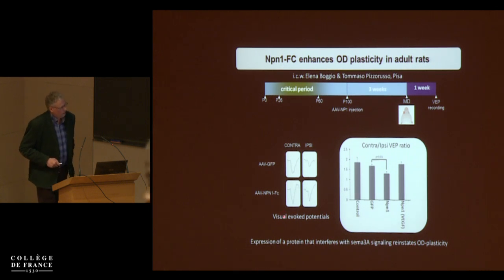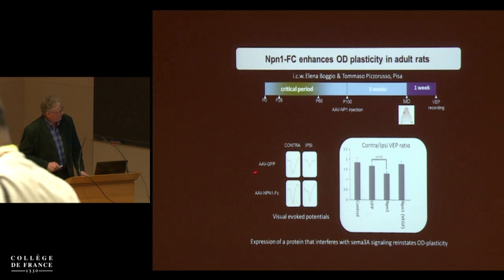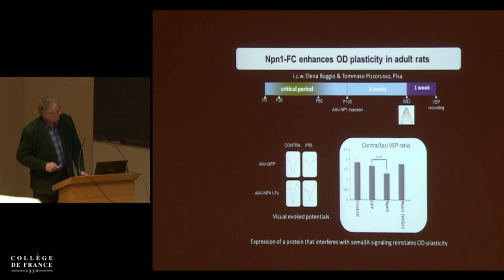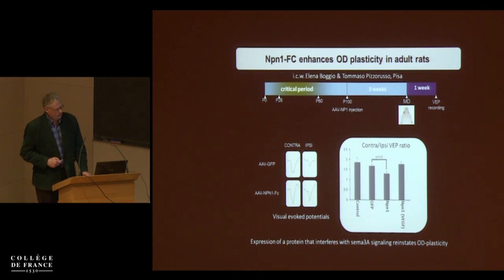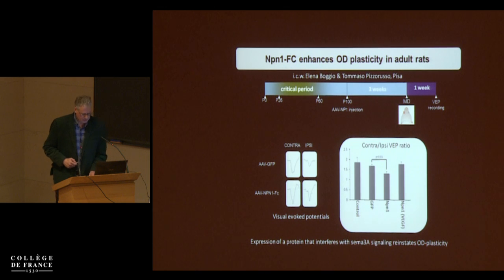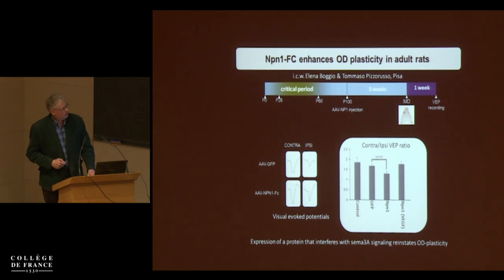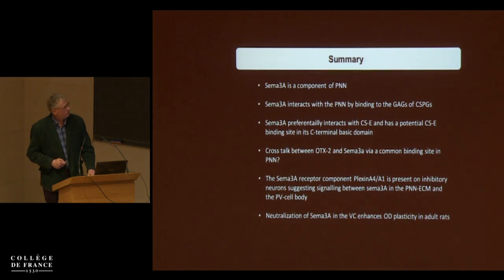And the result is shown here, and this is still quite in progress, but with the control vector, there's a clear difference between the contralateral and ipsilateral visual evoked potential, but when you infuse AAV-NP1, there is a restoration of visual evoked potential in the ipsilateral cortex. So the expression of this protein, the neuropilin body that interferes with SEMA3A signaling, appears to reinstate ocular dominance plasticity. So this is an early indication that SEMA3A in perineuronal nets is involved in plasticity.